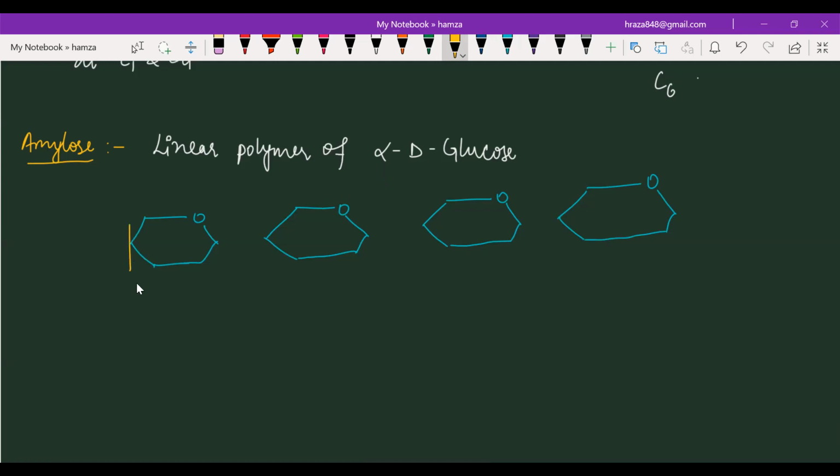And there is OH, H, and then again there is H, and then OH, and again there is OH, and then H, OH, OH, H, again H, OH, H, OH, and again H, OH, and it will go on from this side and from this side also.